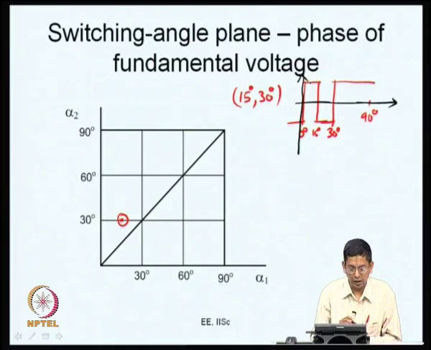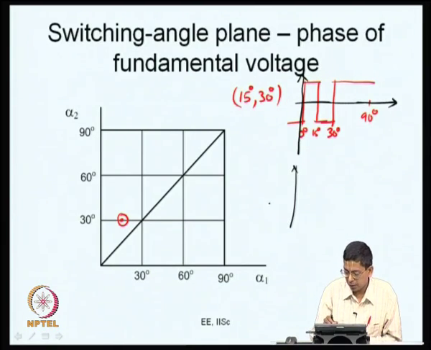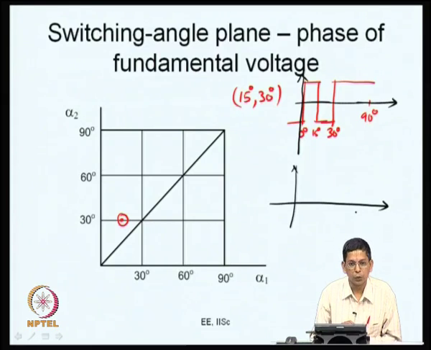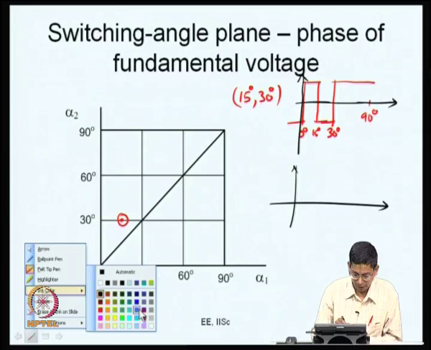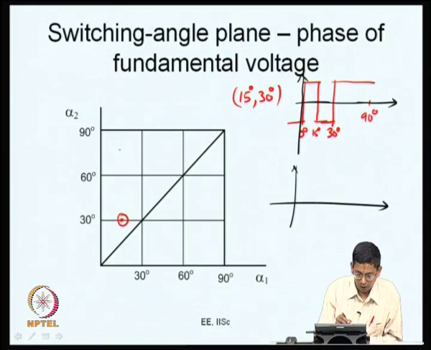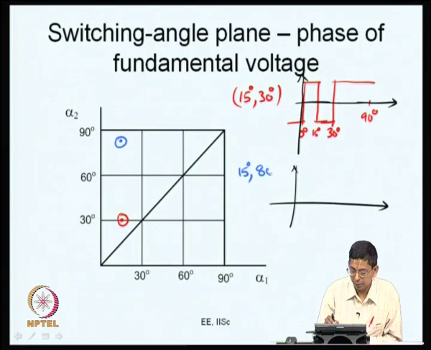So, let me consider another example. Shall I use a different color here? Okay. Let us say like this. This is something like 15 degrees comma 80 degrees.